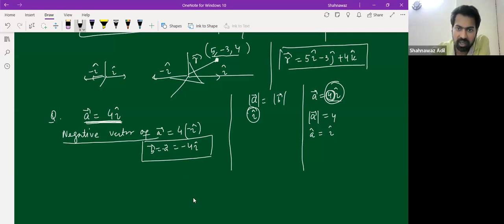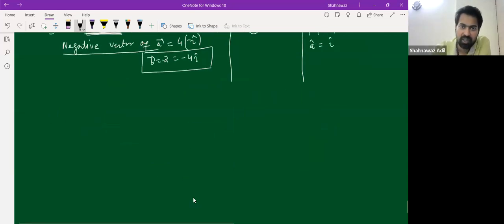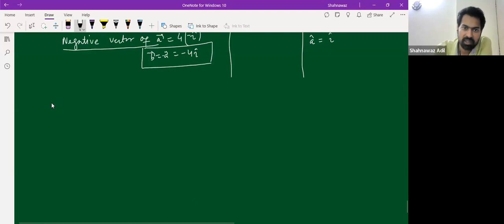Now let us understand, let's say we have this vector r, which is 3i minus 4j.